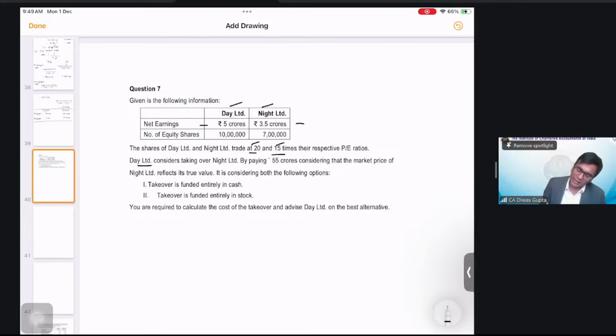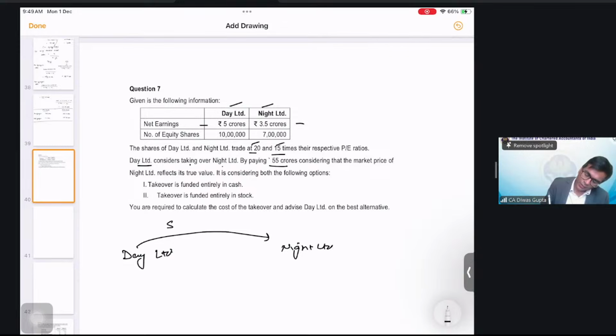Day Limited considers taking over Night Limited by paying 55 crores, considering the market price of Night Limited reflects its true value.